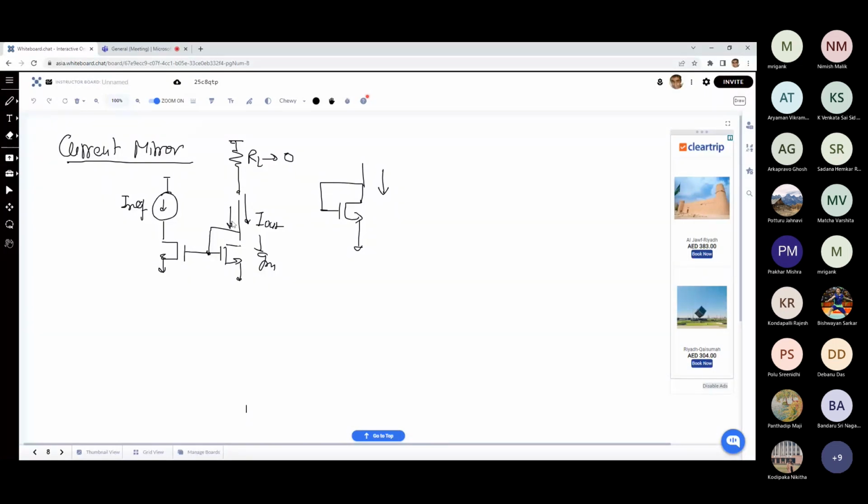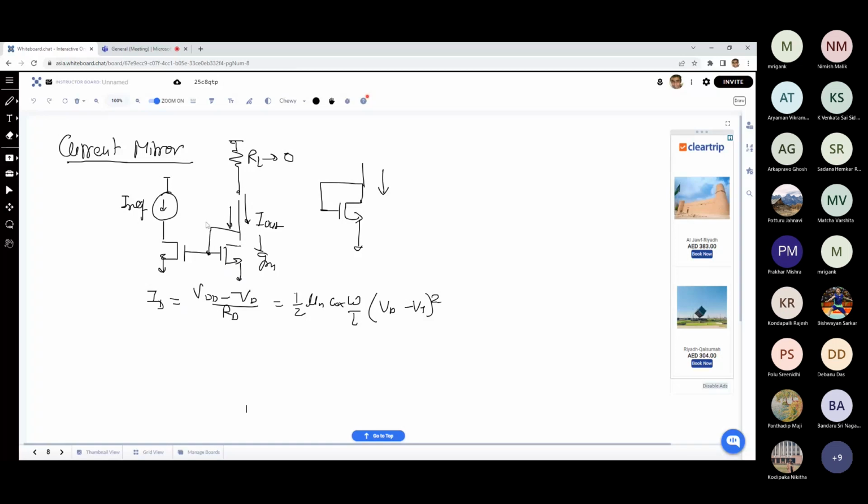So simultaneous equation: VDD minus VD upon RD should be equal to half mu n Cox W by L, whatever, times VGS, which in this case is VD minus VT, squared. This is the equation it will follow, and it will give you the VD. So you can solve these two simultaneously as a quadratic equation and get the value of VD, which is also going to give you the value of ID.